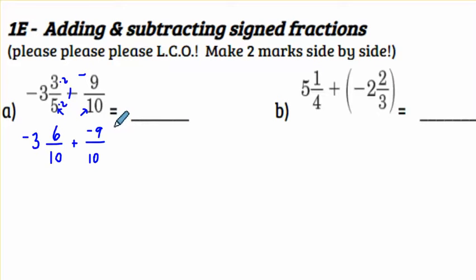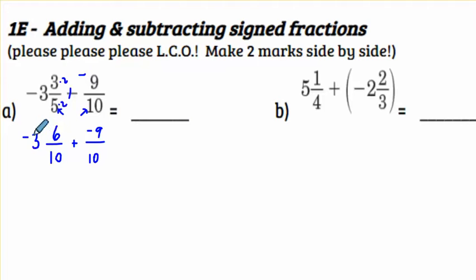I always suggest that in problems like this, it is often easiest to change them to improper fractions. This is the reason why. We're going to be adding these, right? Because the signs are the same. This 6/10 is really negative. It's because this whole entire mixed number is negative.